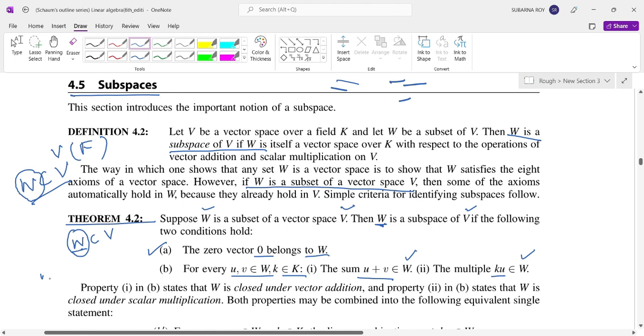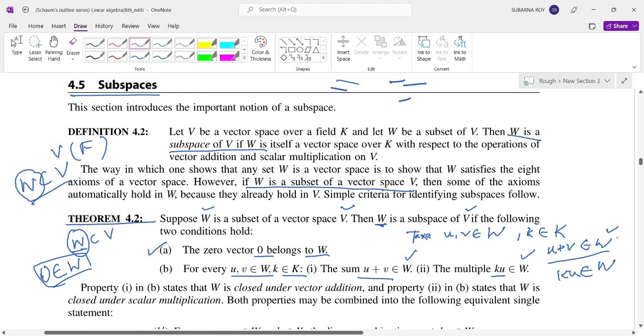First, check whether the zero element is in the set W. Second, take any two elements u and v from W and k from the field K, then see whether u plus v is in W. If so, then check ku.